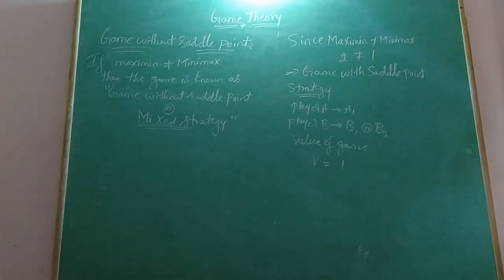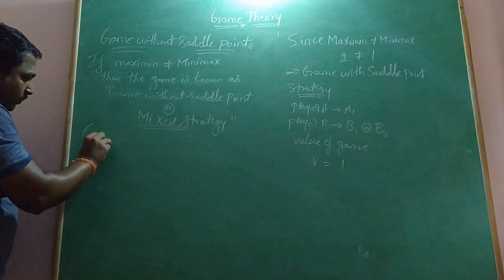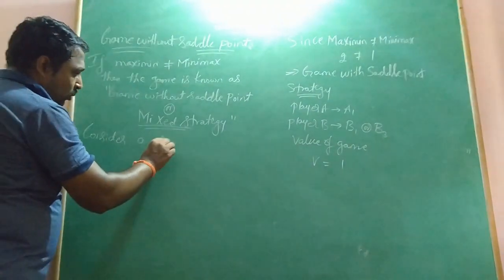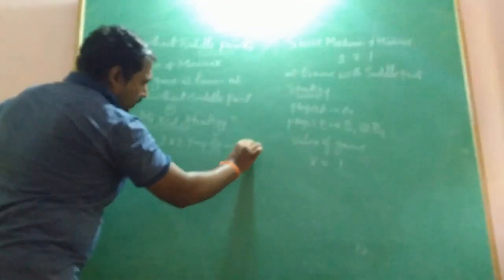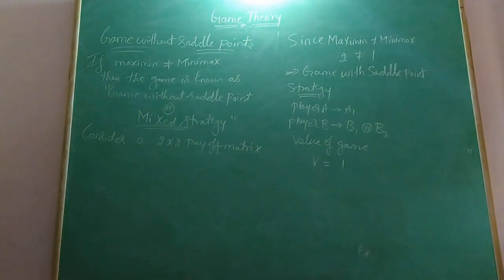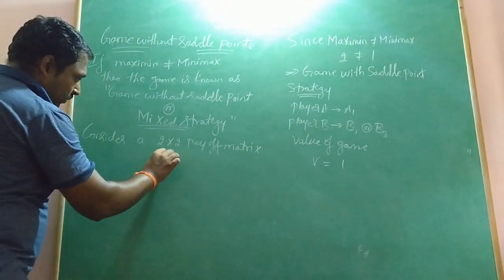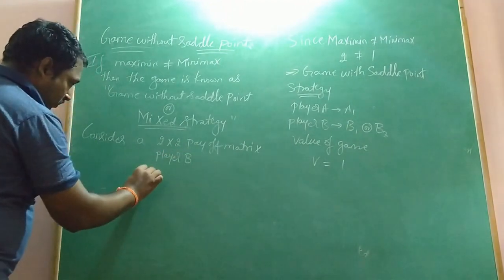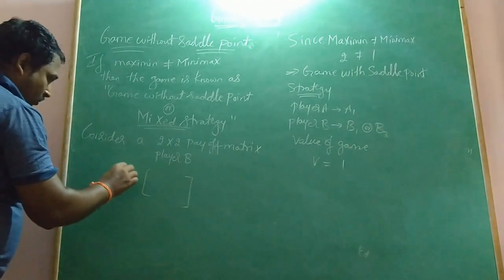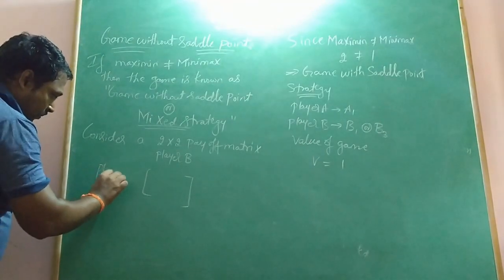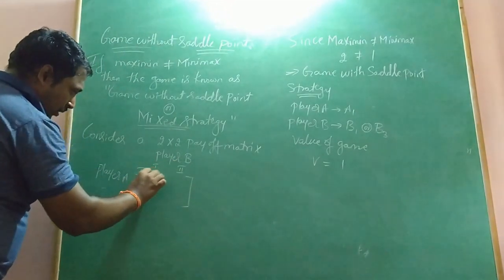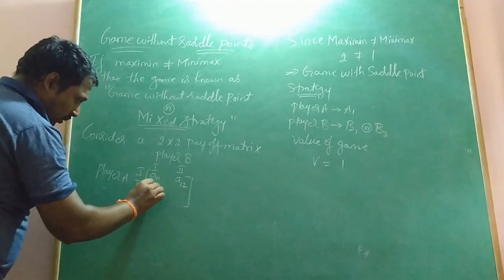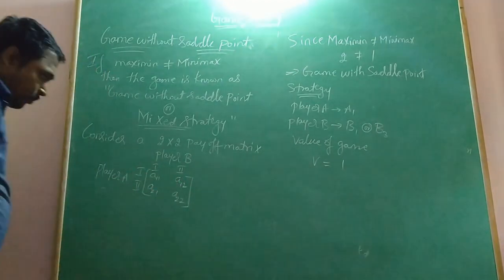To solve problems on a mixed strategy, let us consider a 2 cross 2 payoff matrix. It is for player B and for player A. There is 1 and 2, 1 and 2, a11, a12, a21 and a22.